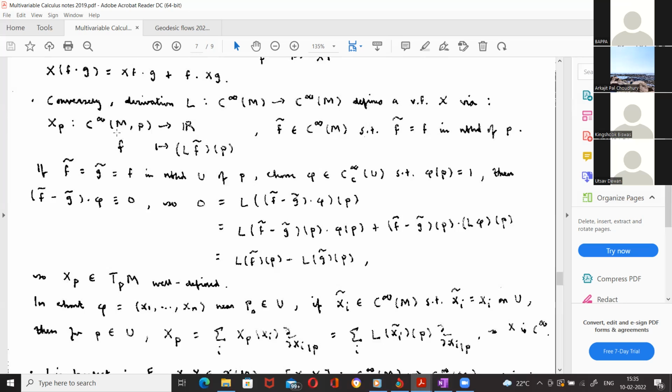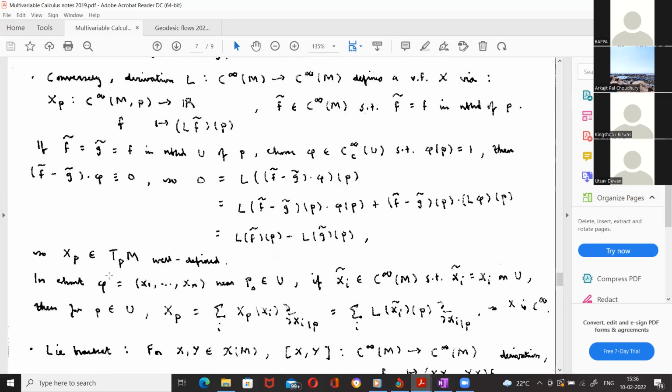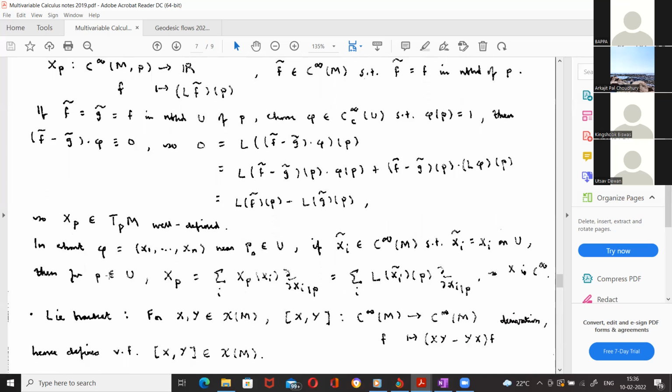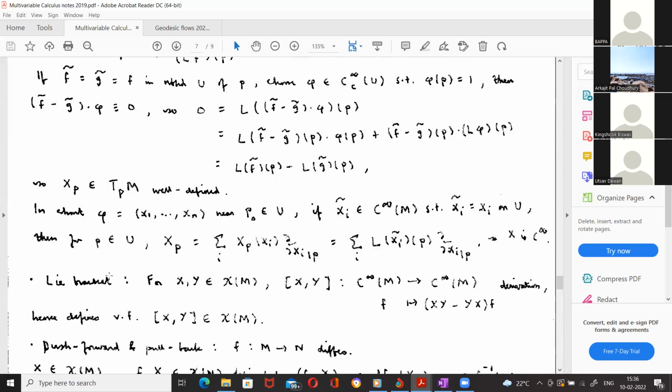My derivation L, which was a global object, defines at each point P a tangent vector X_P. So I get a well-defined vector field. And now I want to say that this vector field is smooth.